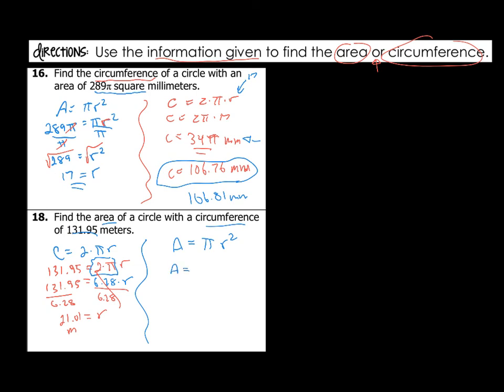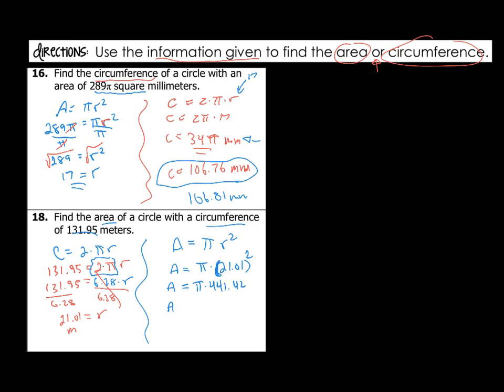Area is equal to pi times 21.01 squared. Right, these are parentheses. And now I just need to square that and multiply it times 3.14. So 21.01 squared to the nearest hundredth is going to be 441.42.